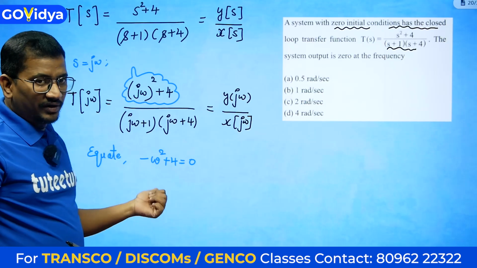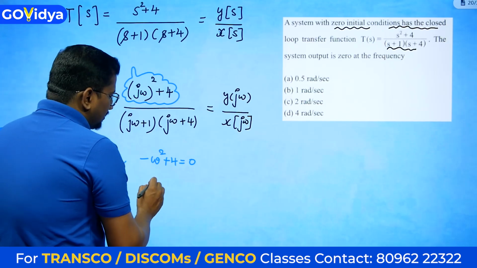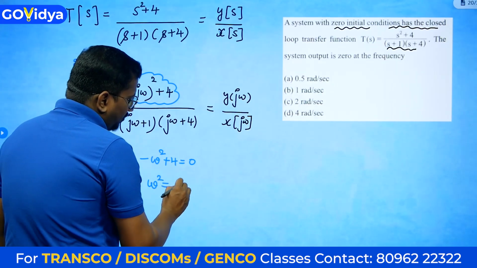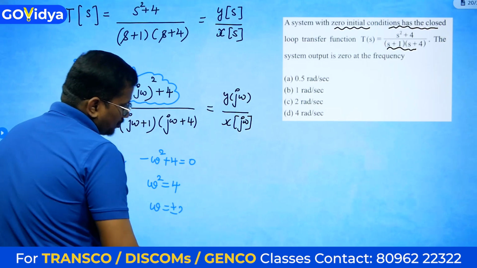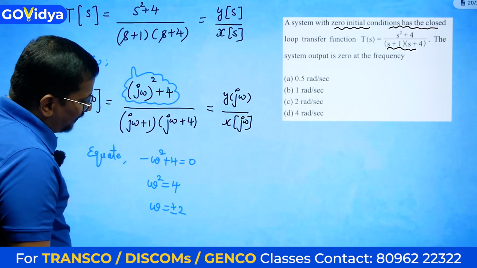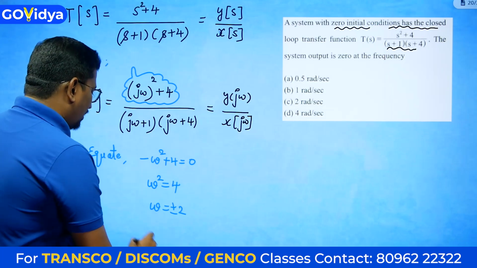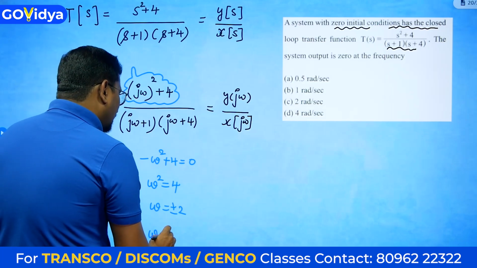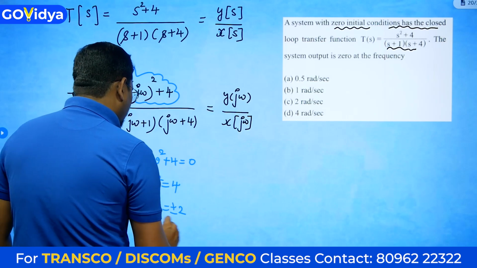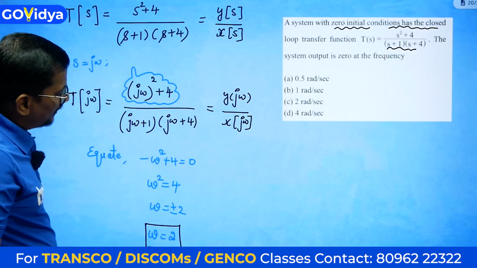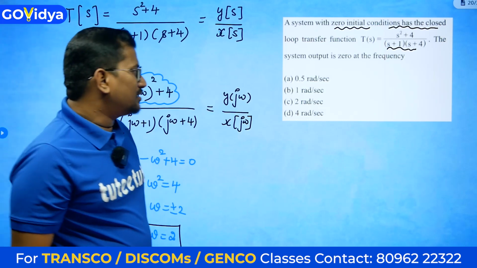So what frequency are we going to calculate? Therefore, can I say omega square is equals to 4, then omega is equals to plus or minus 2. Frequency can't be negative, right? Therefore, frequency omega is equals to 2 radians per second.